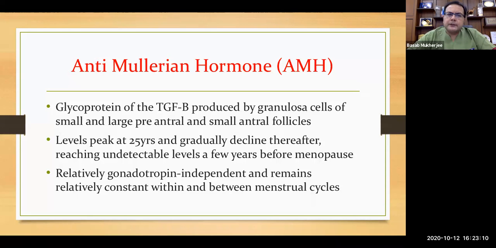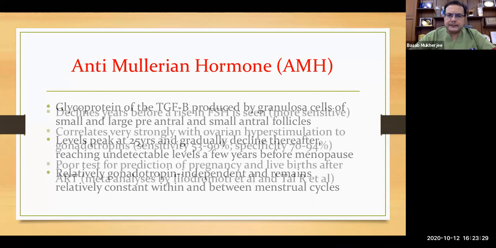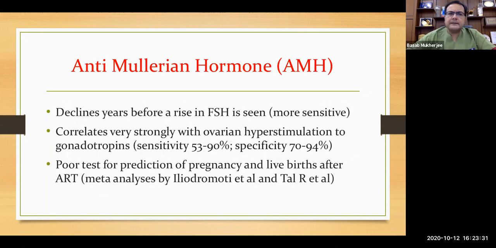It is relatively gonadotropin independent and remains relatively constant within and between menstrual cycles, as we were discussing what an ideal ovarian reserve test is. So that is AMH. You can really test it anytime in the cycle, in between cycles, and it should have more or less the same result. It declines years before a rise in FSH is seen.